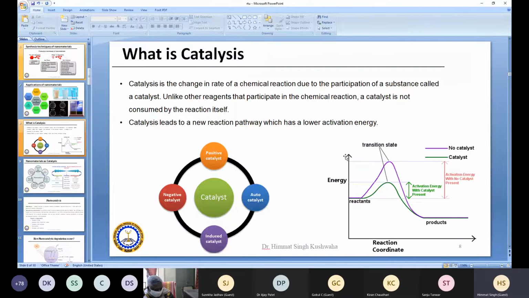On the basis of these properties, we classify catalysts as negative catalyst, positive catalyst, induced catalyst or autocatalyst. In the case of an autocatalyst, one of the products works as a catalyst in the reaction. Basically it changes the activation energy, and it increases or decreases the reaction rate. The catalyst leads to a new reaction pathway which has a lower activation energy.